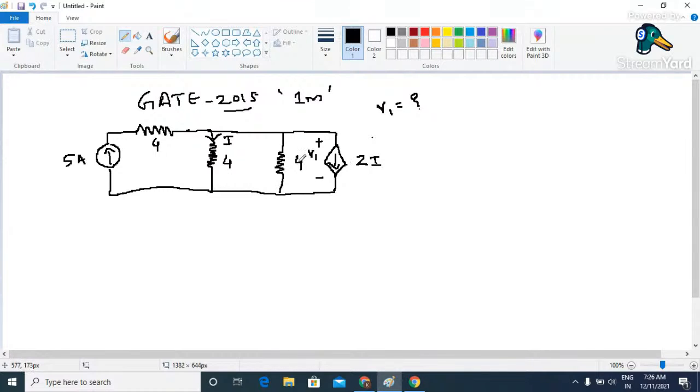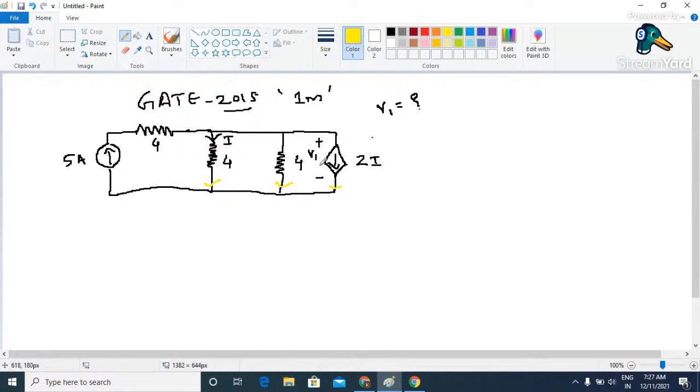Again, it is very simple. If you see the circuit very carefully, this element, this element, and this element are all connected in parallel. From the circuit it is very clear that these three elements are connected in parallel, and the moment they are connected in parallel, the voltage will remain the same.